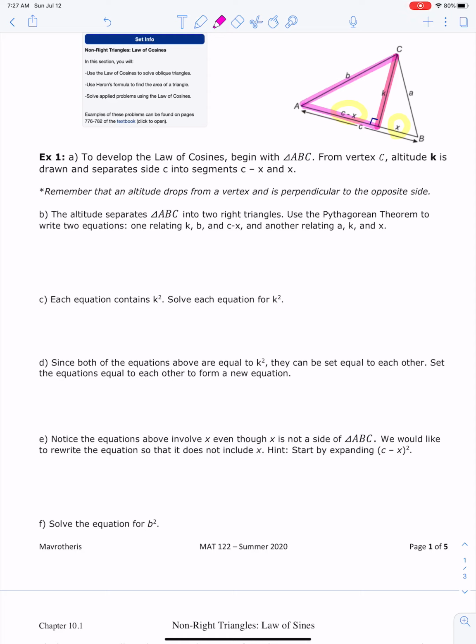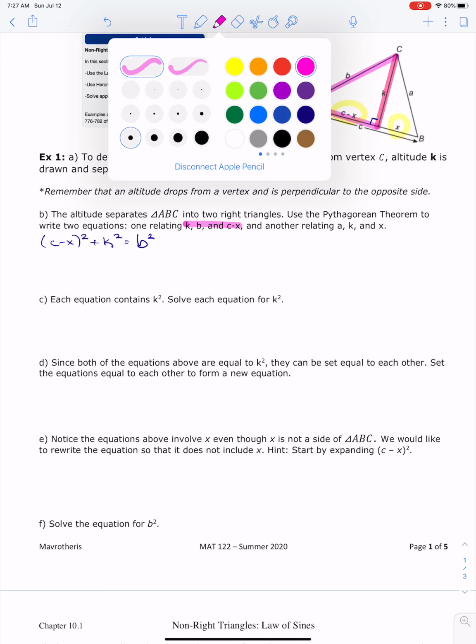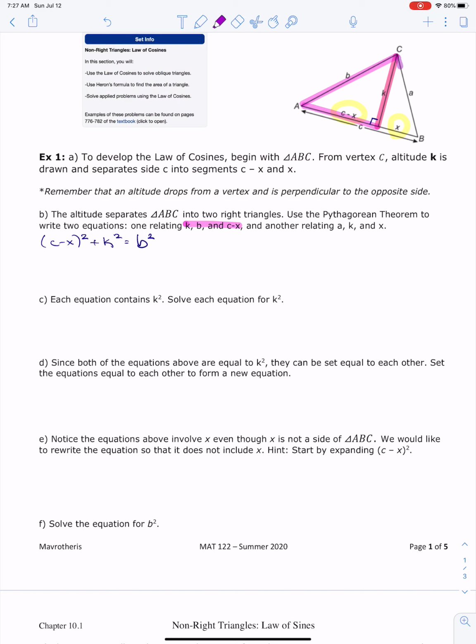And so I want to make sure that I get the parts right. C minus X is one of my legs, K is one of the legs, and B is the hypotenuse. Okay, now we're going to take a look at the other right triangle that was formed. That's this one over here.